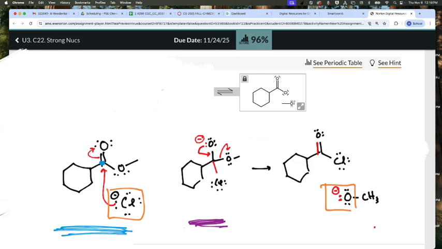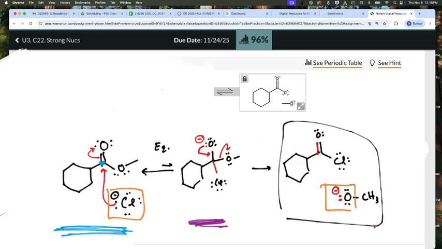I would greatly prefer to have a small reaction forward and a huge reaction backwards. I actually want to eject that chloride right back off the structure. Okay? And if that's my equilibrium, heavily favoring my reactants, do I get any of this final product? No. Okay? And so that disappears from the overall system.